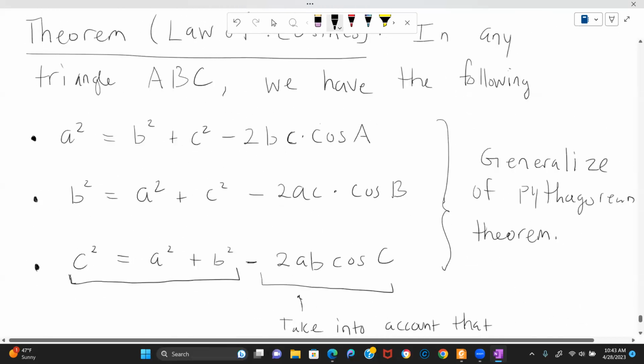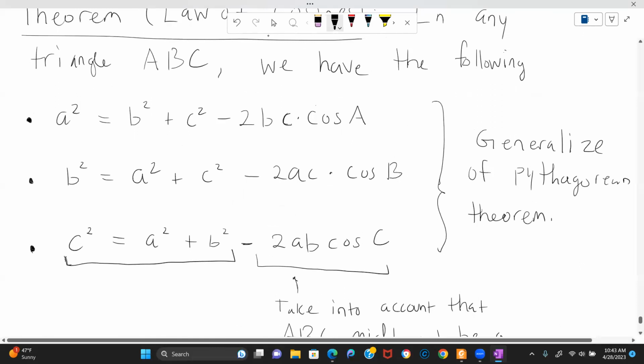So how do you remember this? Well, you really only need to memorize one, because the other ones are just rearrangements. Here's how I try to remember it. Let's focus on this first one.